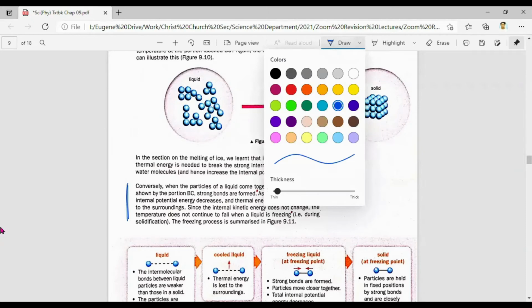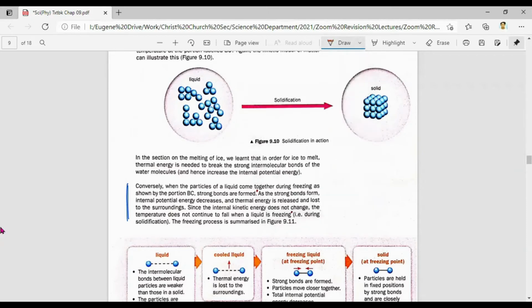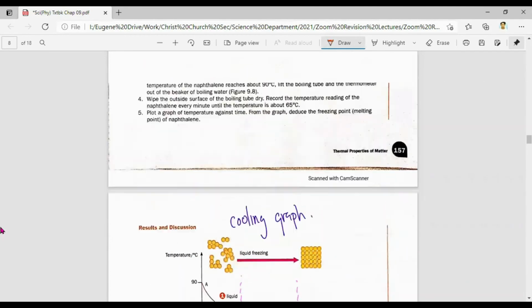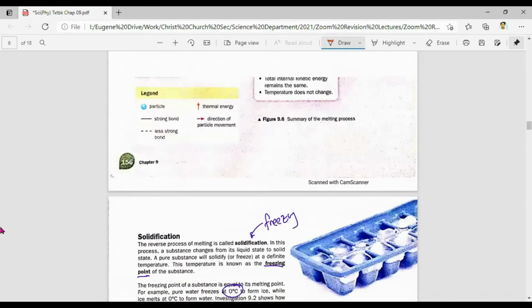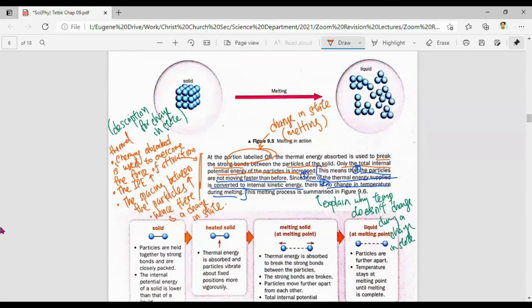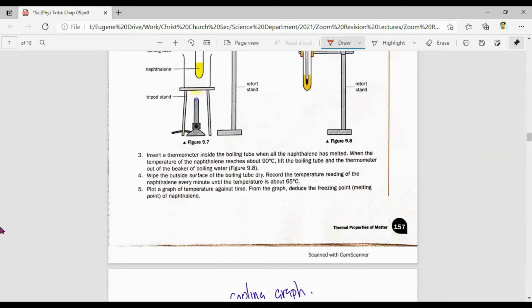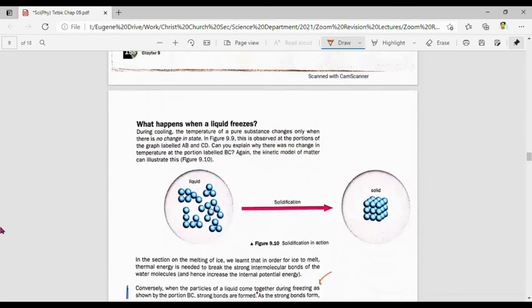So I'm going to once again write down the summary points. First thing, I want us to put both together. For heating, we say thermal energy absorbed is used to overcome the force of attraction, because in heating, energy is absorbed. But when you are cooling something down, the thermal energy is released.